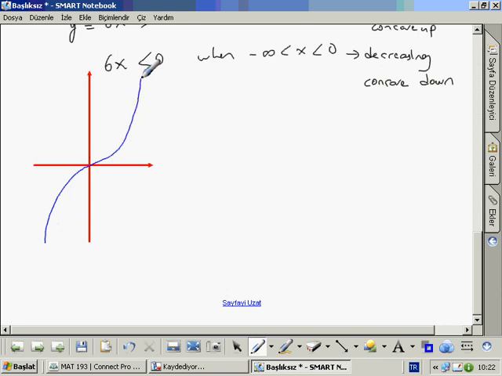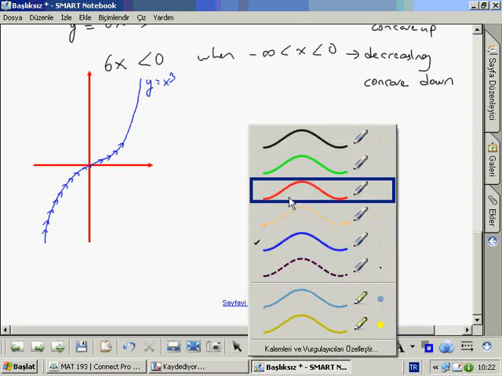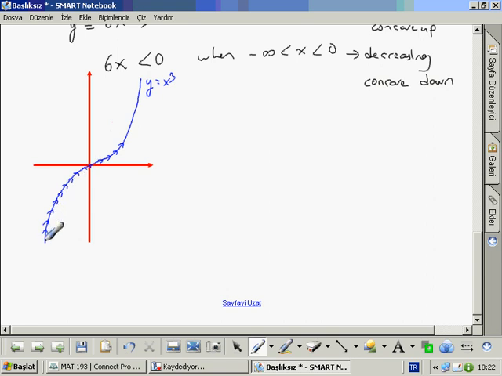This is the y equals x cubed function. Look at this interval, the function is always increasing, but your curve here, which is less than 0, is concave down.